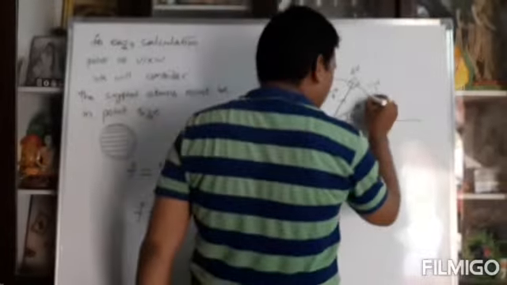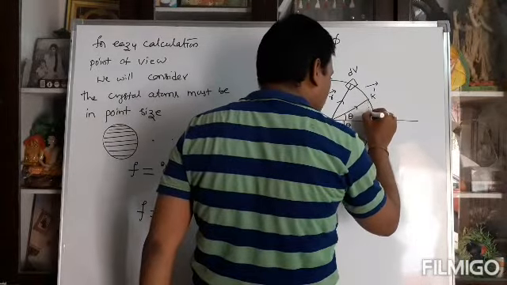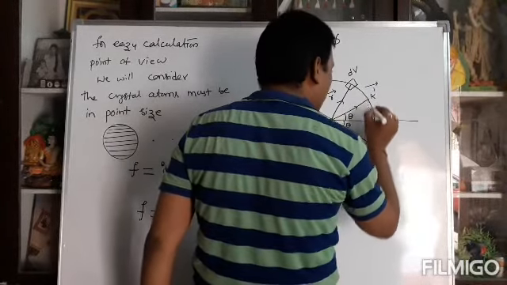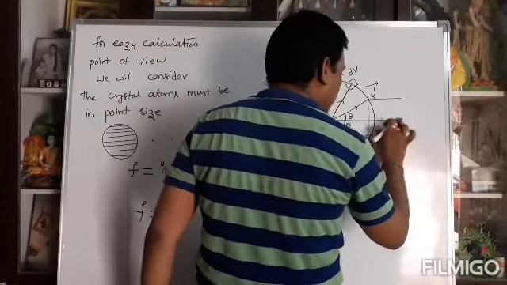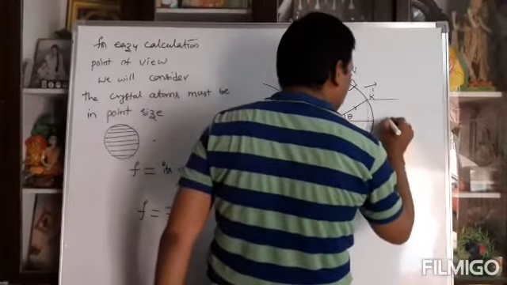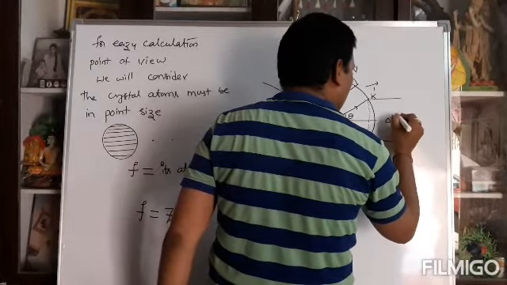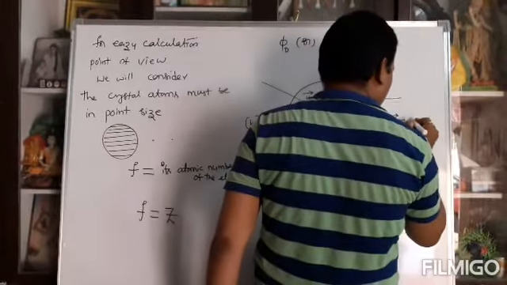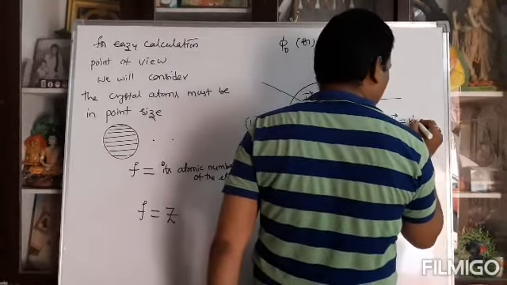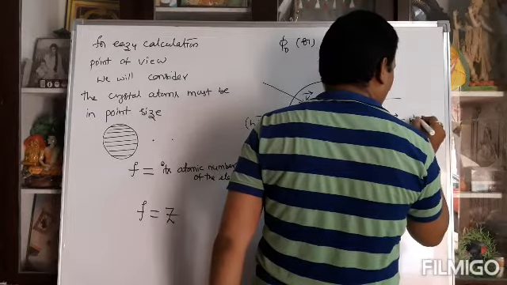The difference between K and K dash can be taken as delta K bar, that is K dash minus K, and delta K dotted with R bar.